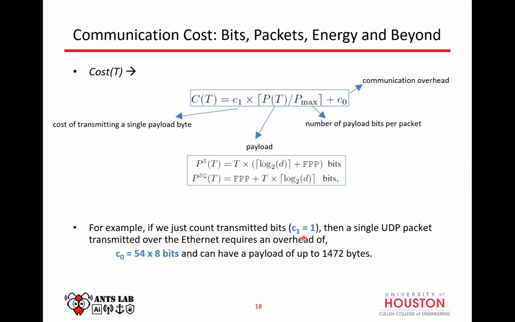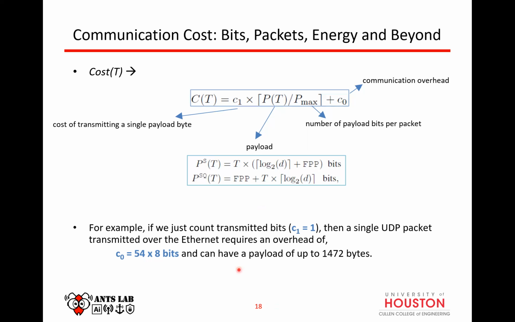Then your C1 would be equal to 1 byte, so it is just considered as one. And C0, the communication overhead, would be 1 byte, that is the 8 bits, times 54. So you have this number of bytes as your communication overhead, and you can have the payload up to 1472 bytes. So your entire packet can be defined like this.